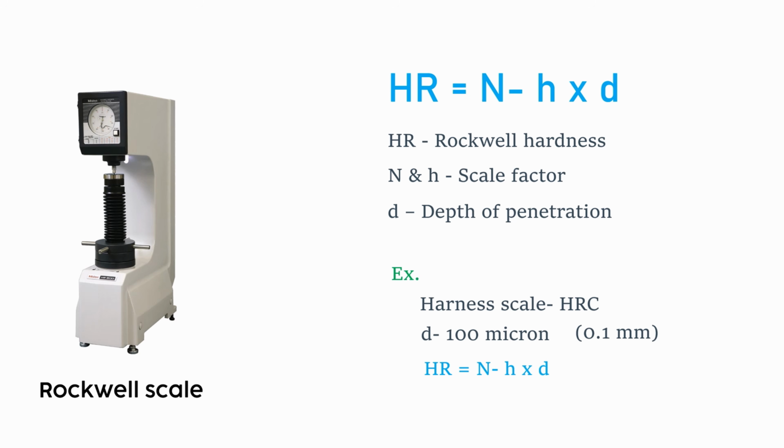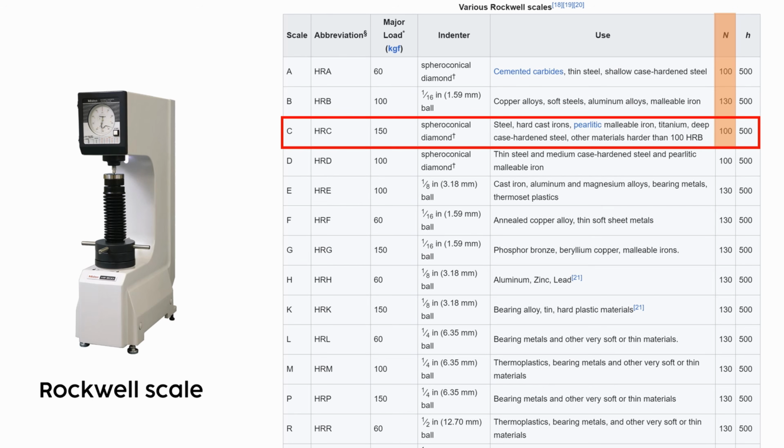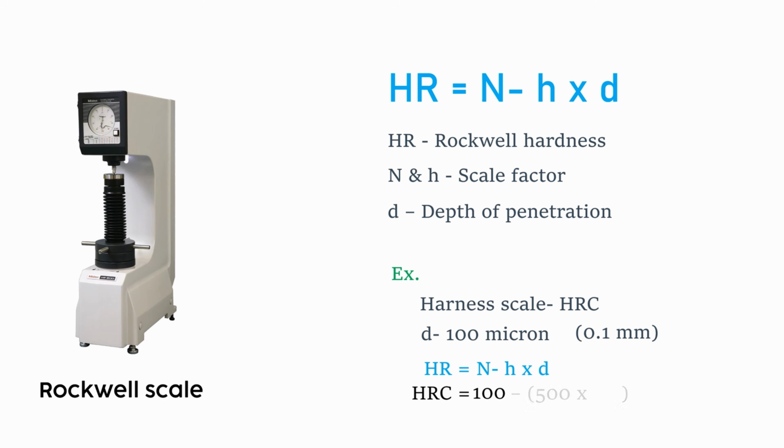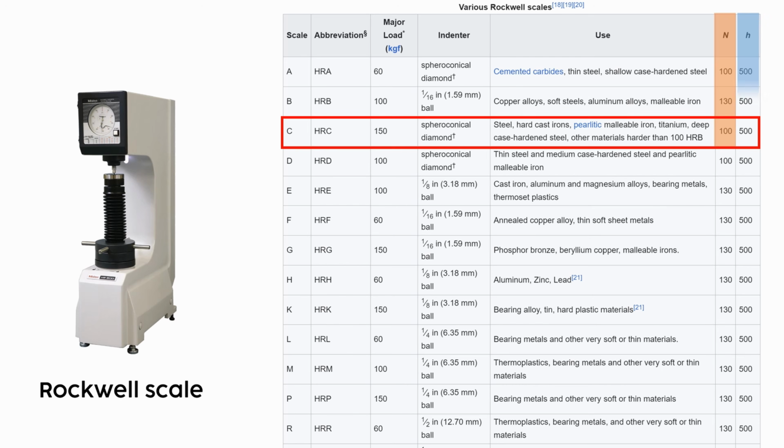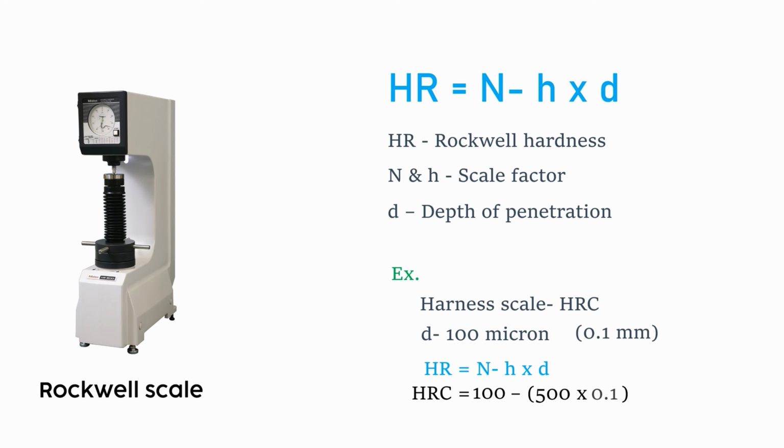Then we can calculate the HRC hardness as HRC equals N, which is 100 for the C scale, minus, in brackets, H, which is 500 for the C scale, times D, the penetration depth 0.1. So the hardness will be 50 HRC. I hope this is so much clear to you.